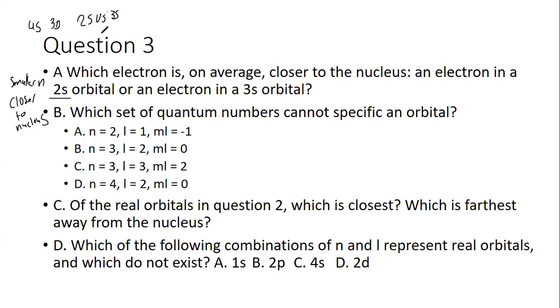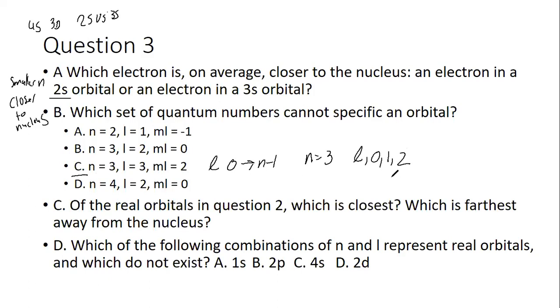All right, what set of quantum numbers cannot specify an orbital? That is C. Because remember, our rule is that l can only go from 0 to n minus 1. So if n is 3, l can be 0, 1, or 2. l can't be 3.